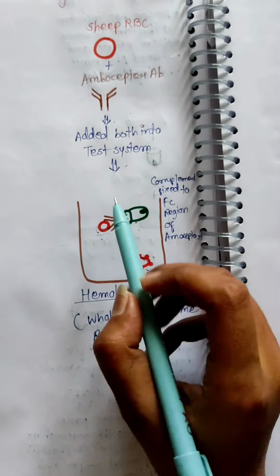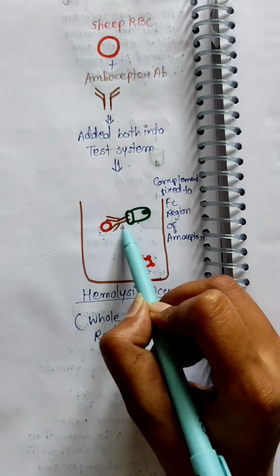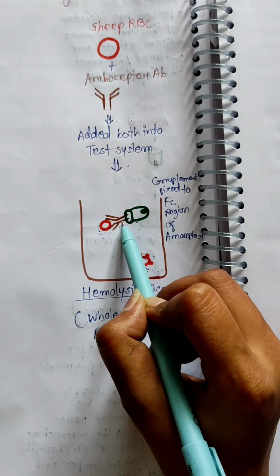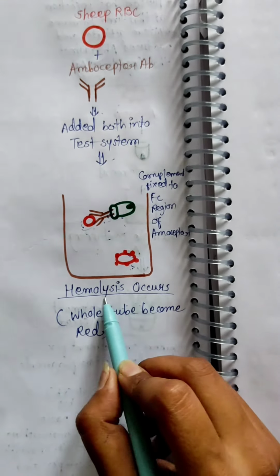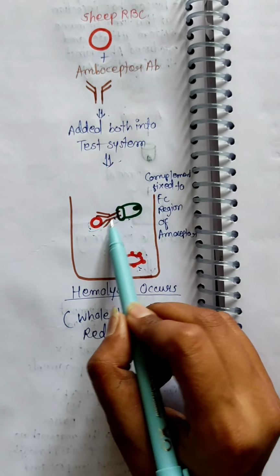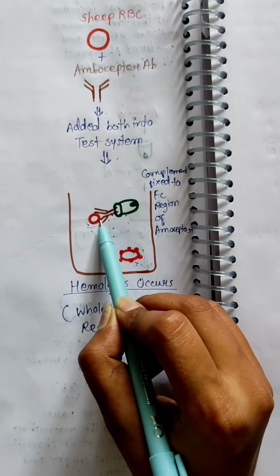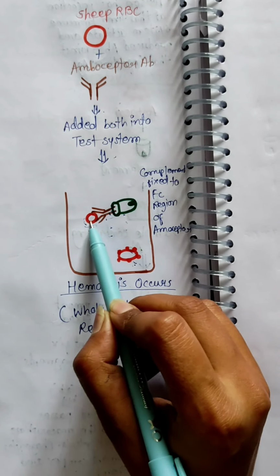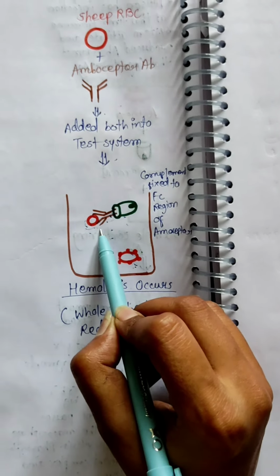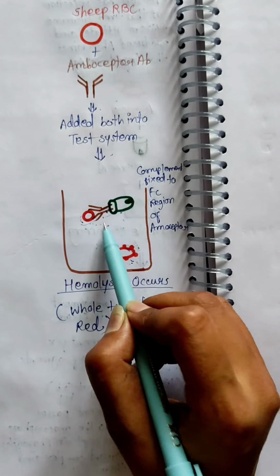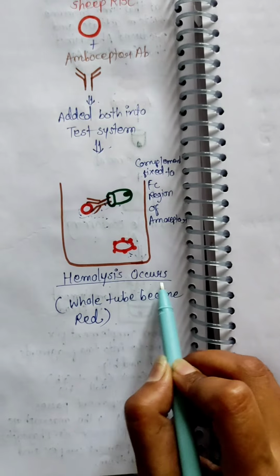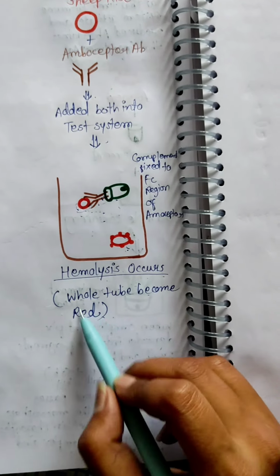So the complement is fixed to the Fc part of the emboceptor antibody on the RBC and emboceptor antibody complex. Now the complement is fixed here, and lysis of the sheep RBCs occurs. So hemolysis occurs and the whole tube becomes red.